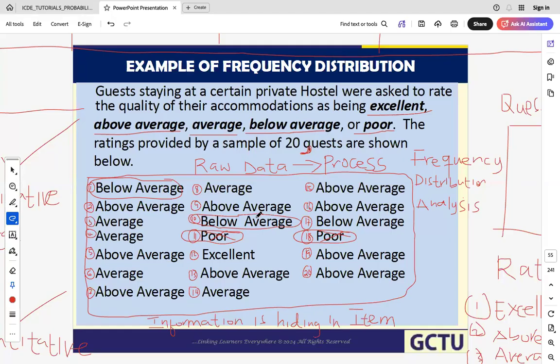So 1, 2, below average. I see a third one here. So when we go through the data, those who chose below average, I'm seeing 1, 2, and 3. So there are 3.